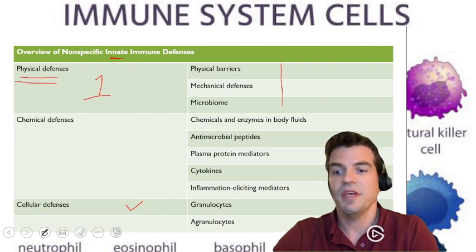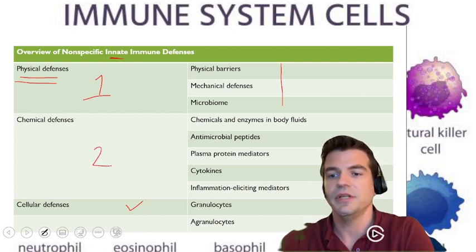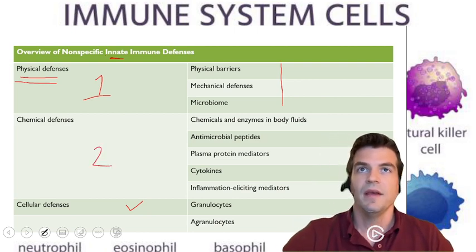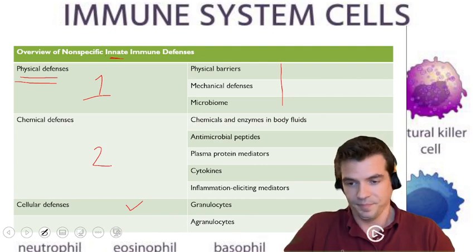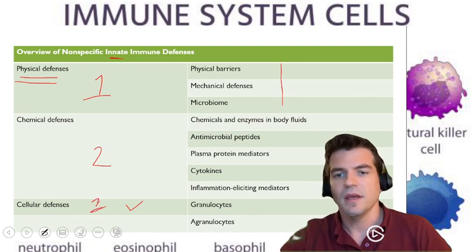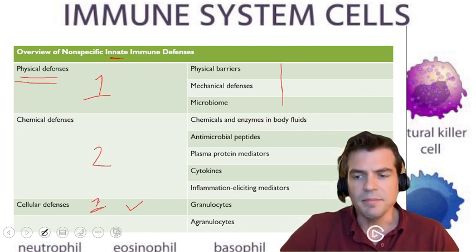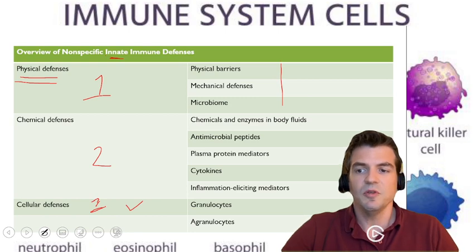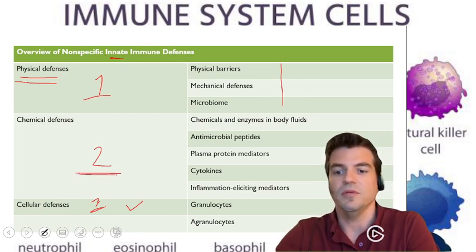We also have chemical defenses, which are the second line of defense. And the cellular defenses are also considered the second line of defense. But for the most part, we're talking about the chemical defenses here.